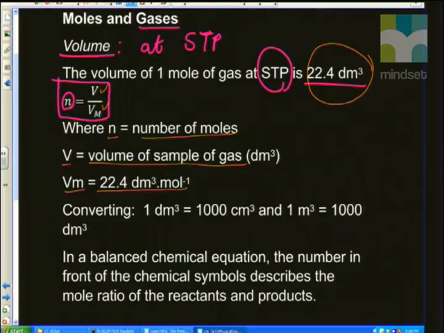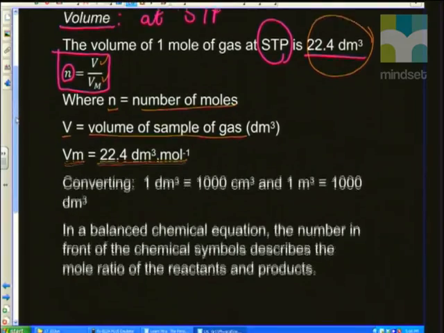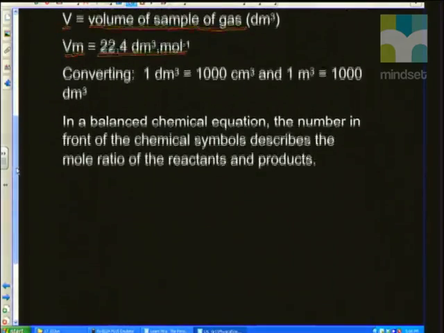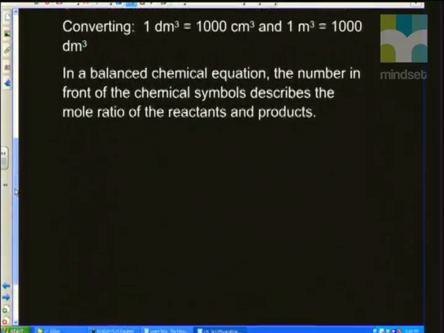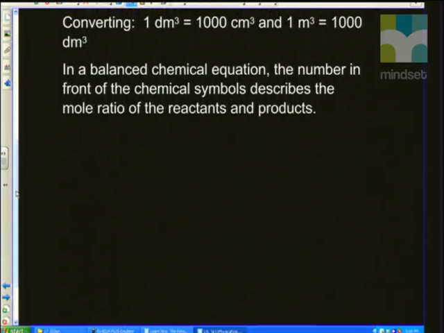Now, if you were to convert, we know that volume is usually given in cubic centimeters, and sometimes in cubic meters. And sometimes, of course, we are required to move from these values to cubic meters.